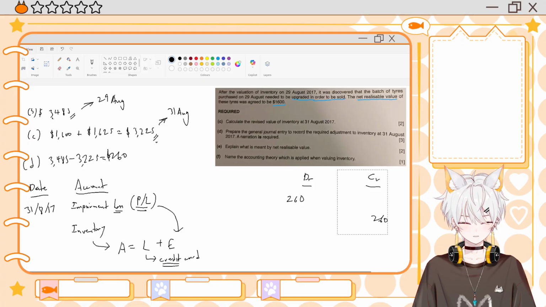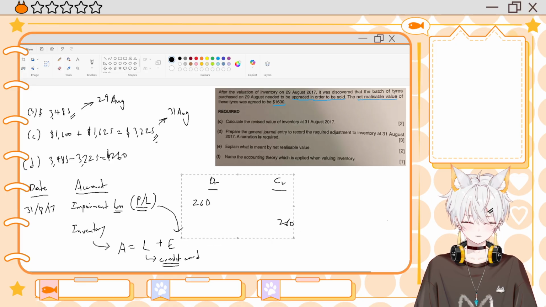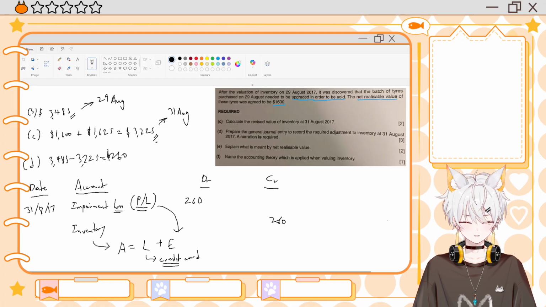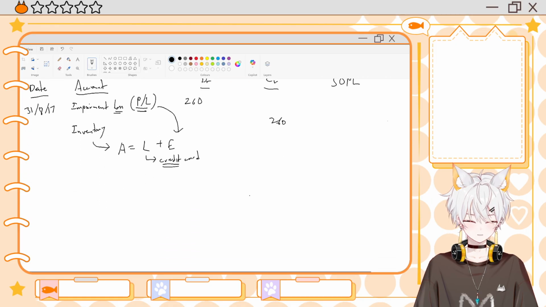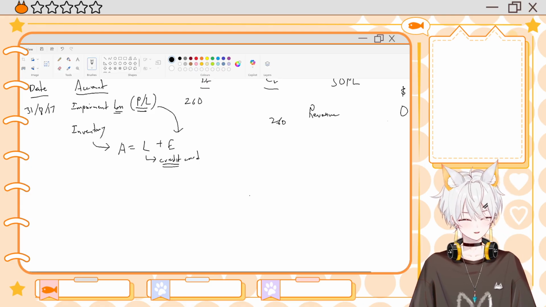So okay, let's try this. I'm going to draw out the profit or loss thing. So you have statement of profit or loss, SOPL. On the start you have revenue, right? Assuming you didn't make a single cent for that year.